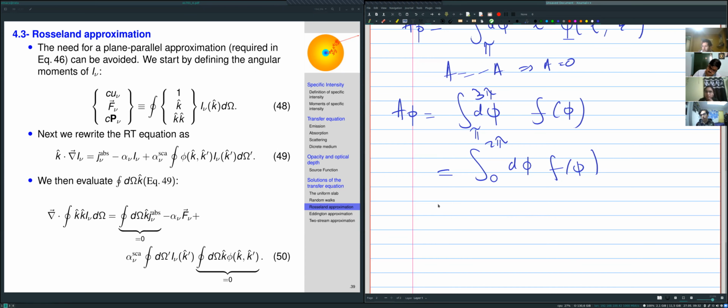And normally we have that if k prime is parallel to z, okay, then we have that phi of k in the direction z would have symmetry in phi, is constant in phi, is what I mean to say, because of the drawing you're mentioning, Felipe.